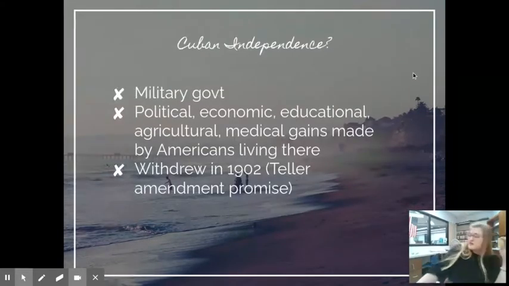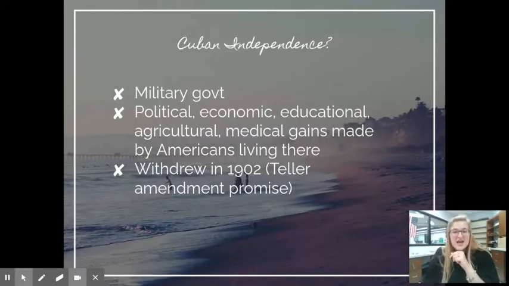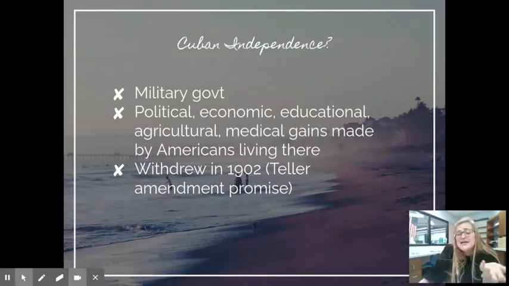So Cuba's over here like, excuse me, you said that we were going to be free once you won the war. And the U.S. military is in charge. There are good things that happen while the U.S. military is in charge there. There's political gains. There's some sort of government set up, major advances in finance and banking, public school systems, increasing the sugar trade and agriculture, and public health and sanitation.